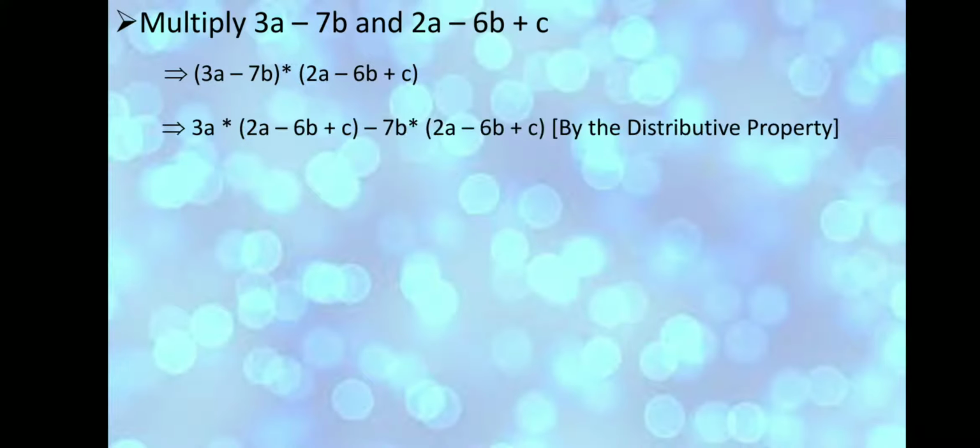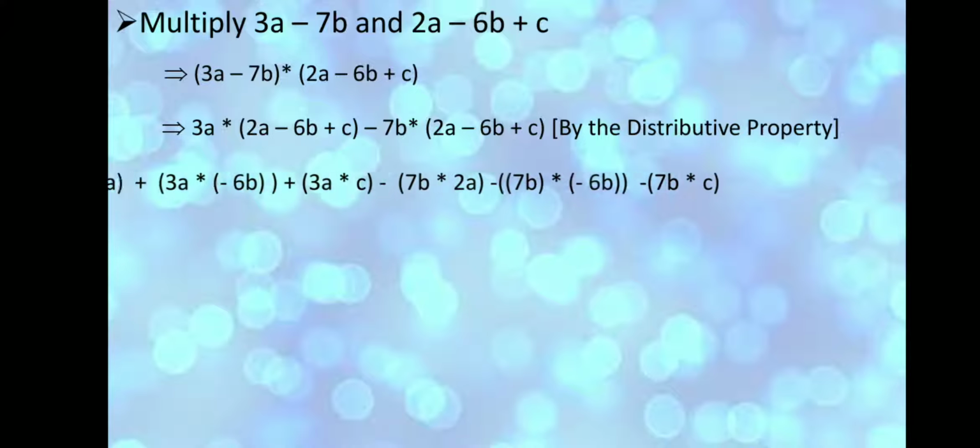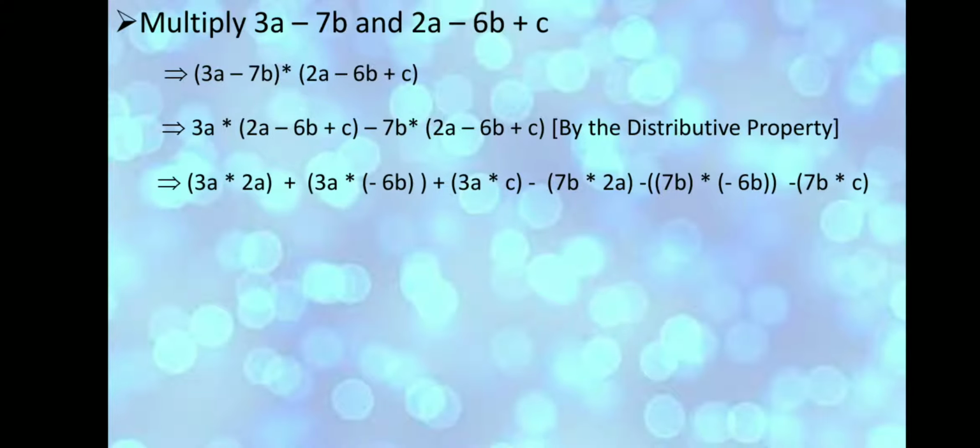And now by the distributive property, 3a will be multiplied by 2a plus 3a will be multiplied by minus 6b plus 3a will be multiplied by c, minus 7b into 2a, minus 7b into minus 6b, minus 7b into c.